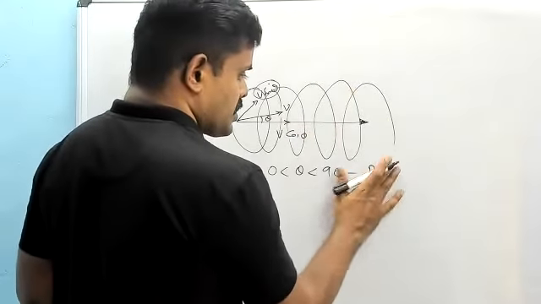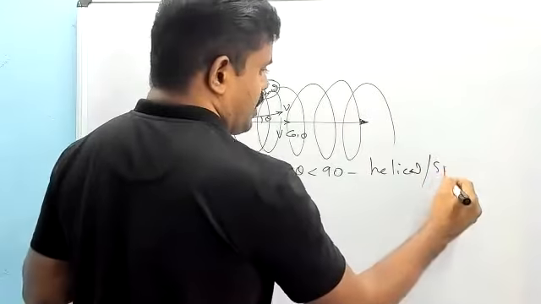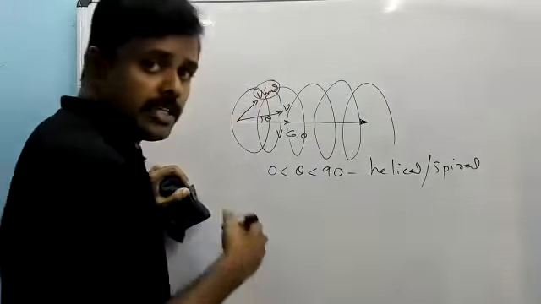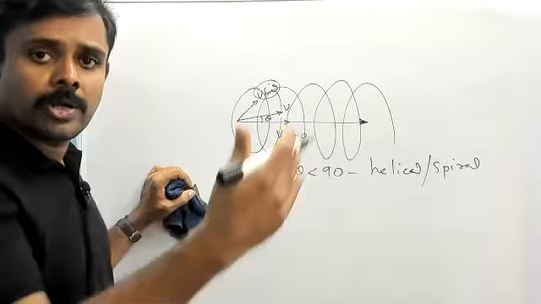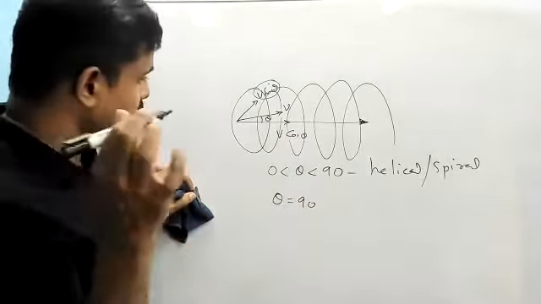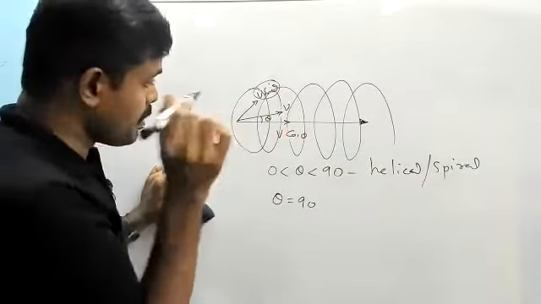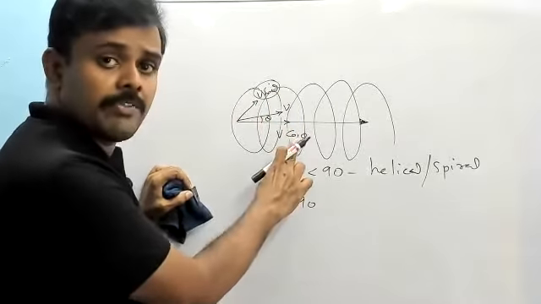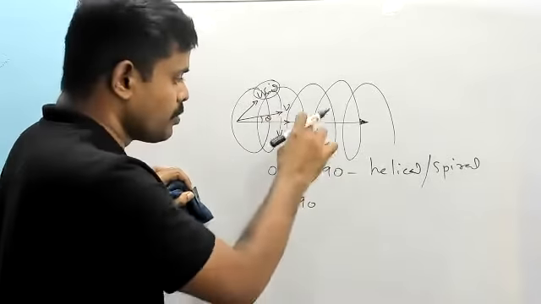This is called a helical path or spiral path. That happens when theta is equal to 30, 45, anything between 0 and 90. What if theta is equal to 90? When the particle enters perpendicularly, not at an angle theta, this component will be v cos 90. Cos 90 is 0, so this component won't be there anymore.